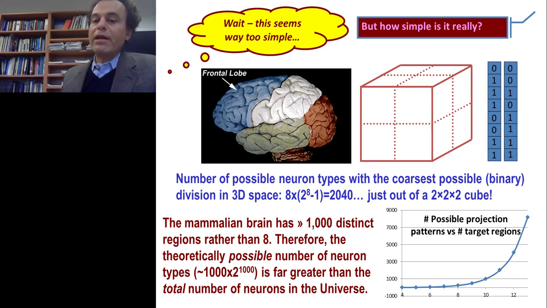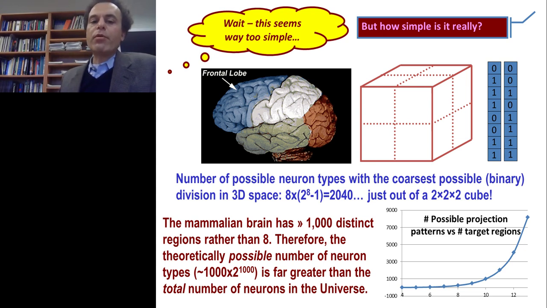It will be simply a binary vector of 8 elements. And so we can compare two neurons as two vectors of 8 elements each. And these vectors are binary, where 0 means that a given neuron does not project to a given target, and 1 means that the same neuron projects. So in this case, these are two binary vectors that are not the same, representing two neurons that project to two different subsets of this 2 by 2 by 2 cube.